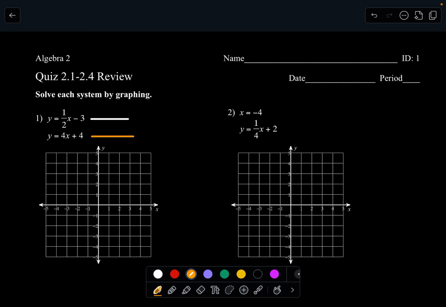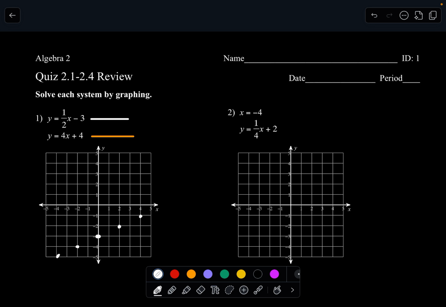So the first line, which will be in white, has a y-intercept of -3 and a slope of 1/2. So we start on -3 on the y-axis, and then we go up 1 to the right 2, up 1 to the right 2, down 1 to the left 2, down 1 to the left 2.